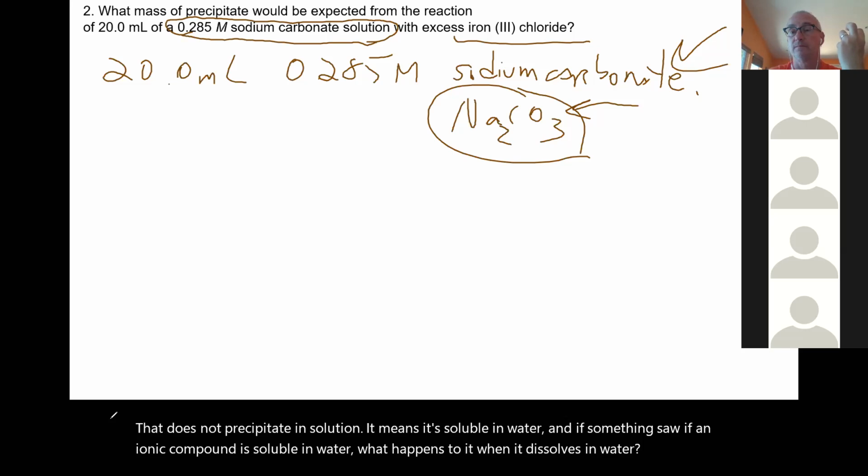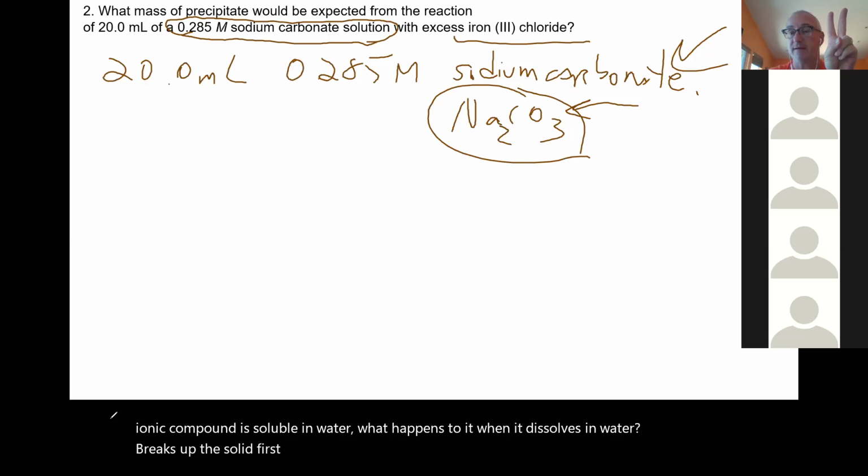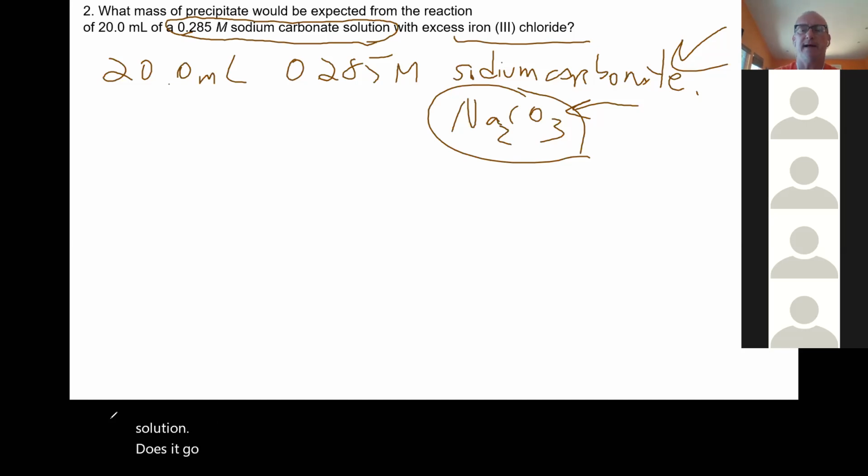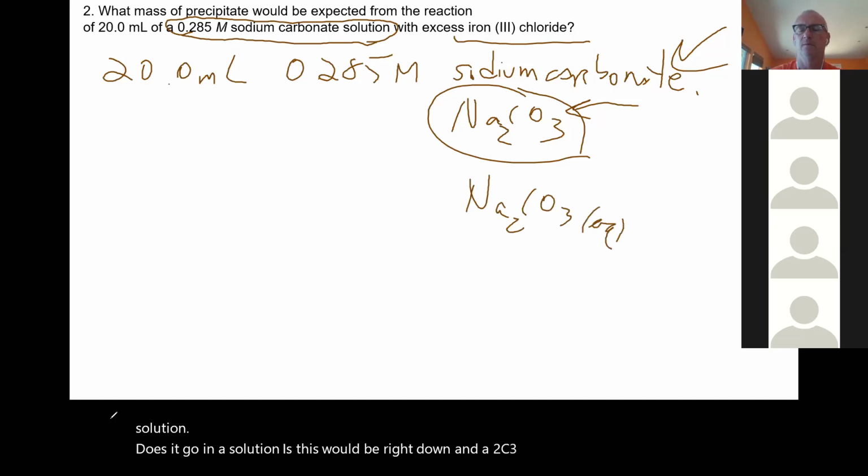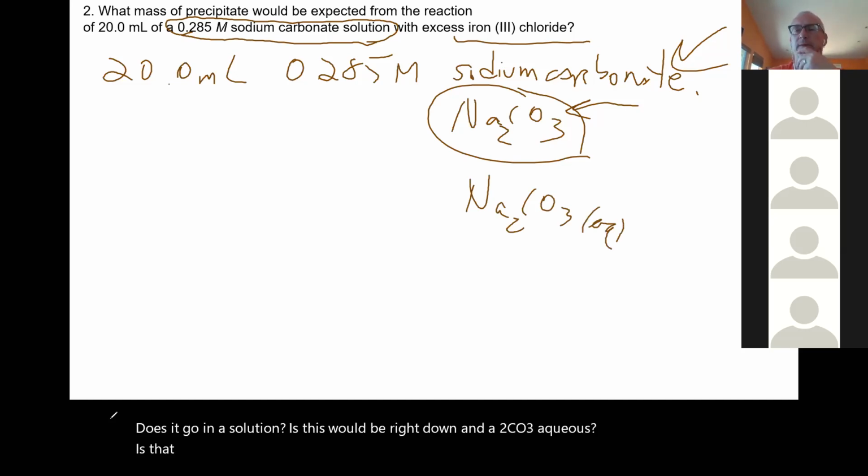It breaks up the solid first, goes into solution second, and then what happens to it when it goes into solution? Does it go into solution as Na2CO3 aqueous? Is that what happens to it? No. It's not a solid.